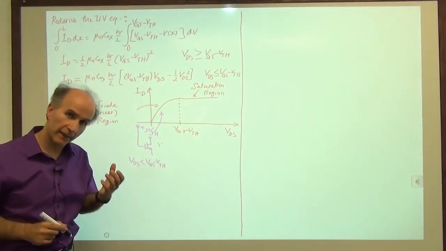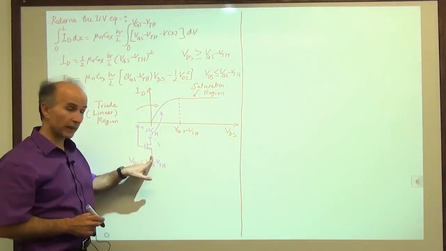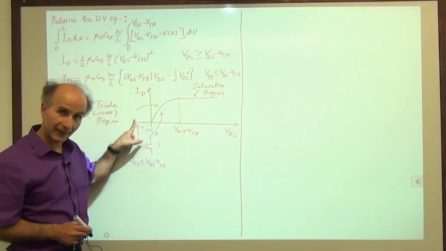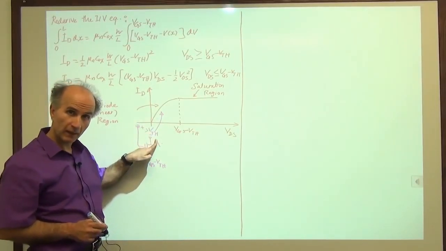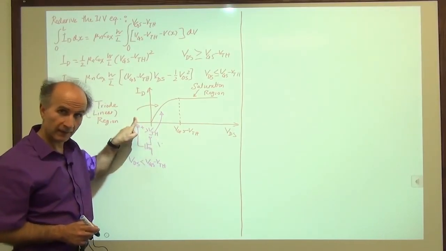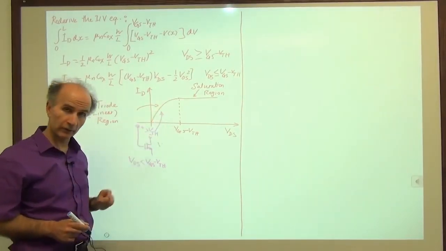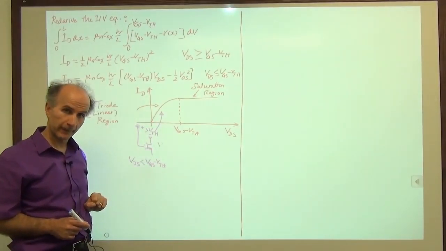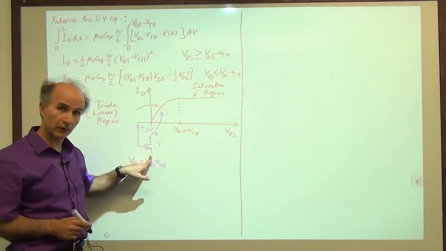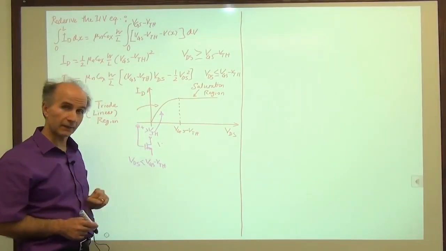Okay, so the way I visualize it is, when I look at the MOS device, I just look at the gate and the drain. I don't even look at the source. I say if the gate is above the drain by more than one threshold, then we are in triode region. You don't even need to know the source voltage, provided that, of course, we know this is the source, this is the drain, this is the gate.